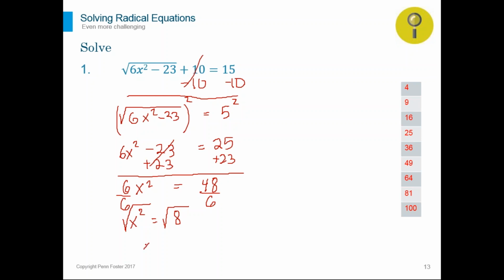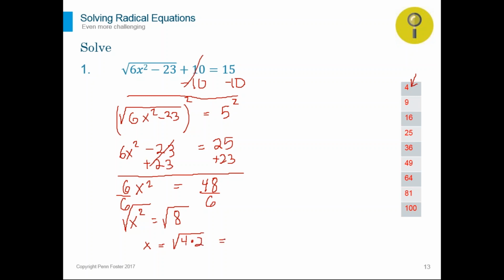Then x equals the square root of 8, which can be simplified more. If you look on the right-hand side of this slide, I wrote our perfect square factors, and 4 actually is a perfect square factor of 8. So I can represent the 8 as 4 times 2.